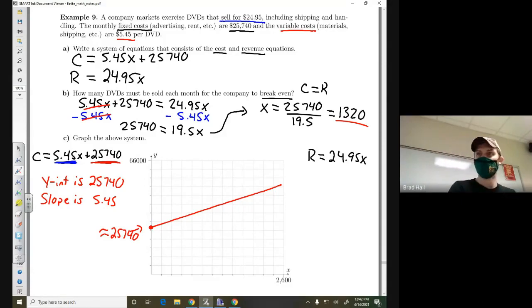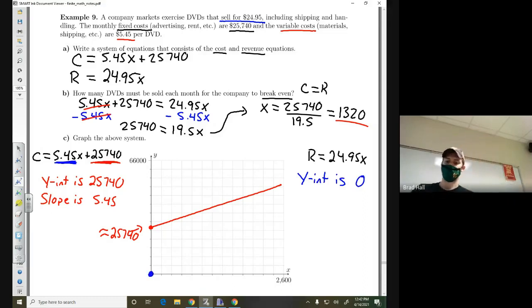Additionally, the revenue function, which I'll illustrate in blue, doesn't really have a y-intercept. It's normally mx plus b, but there's no plus b. So really the y-intercept is 0, which tells us about right here.